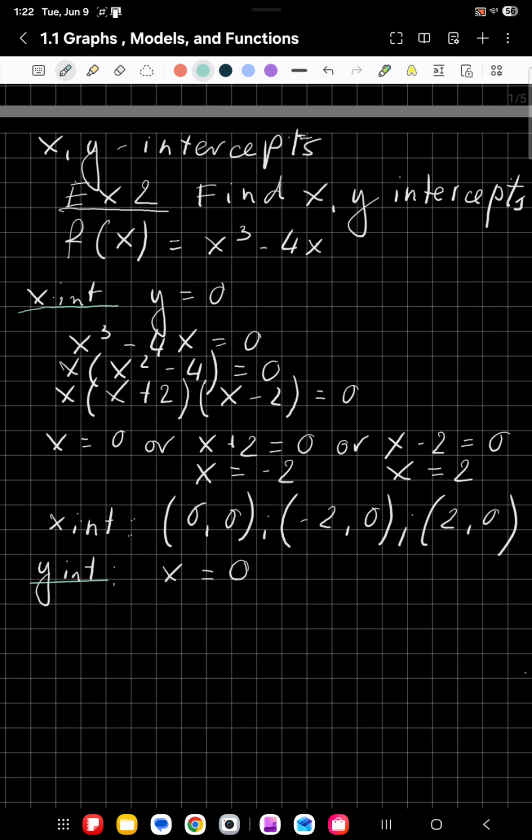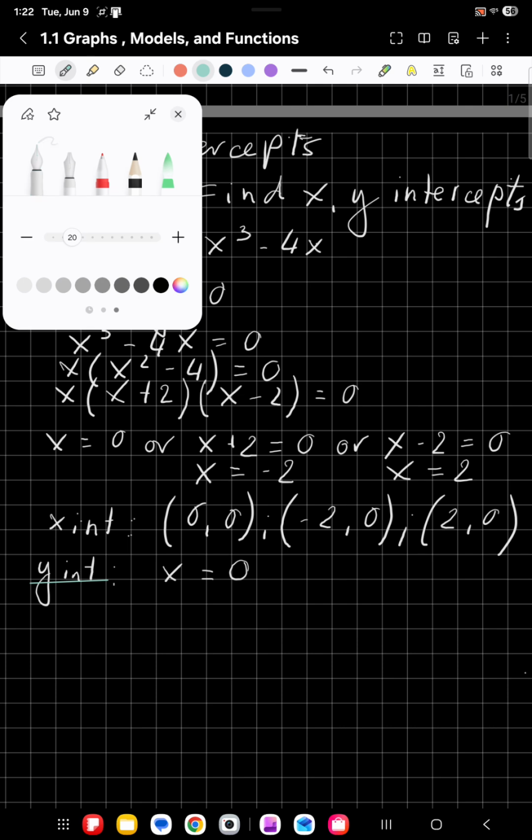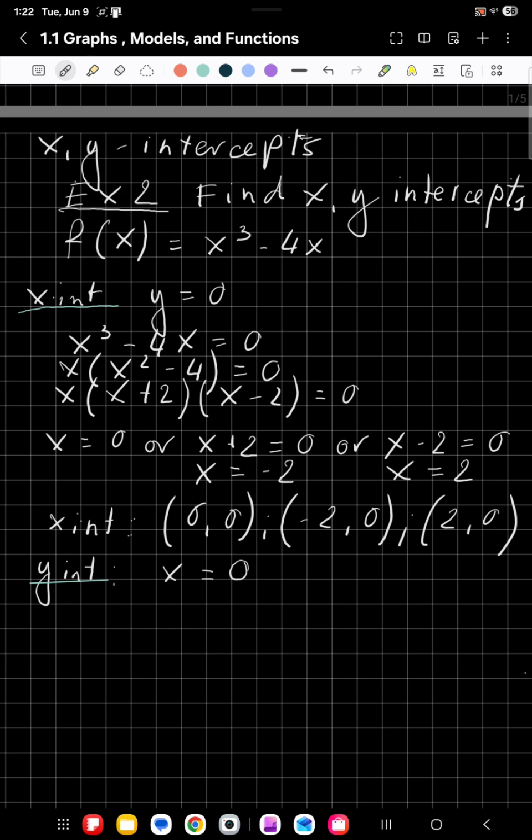Okay, so there is only one y-intercept. If we had more than one y-intercept, that wouldn't be a function. So that's relatively easy. If we have x equals 0, we just substitute 0 for x in our function and we get the y-intercept.